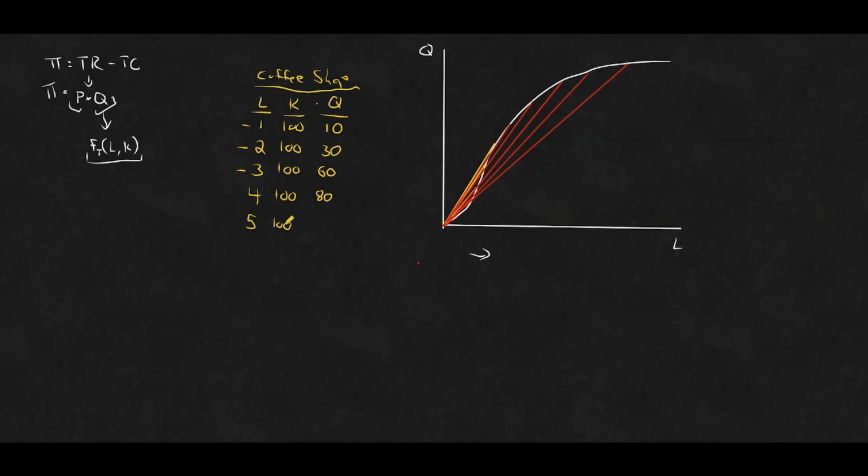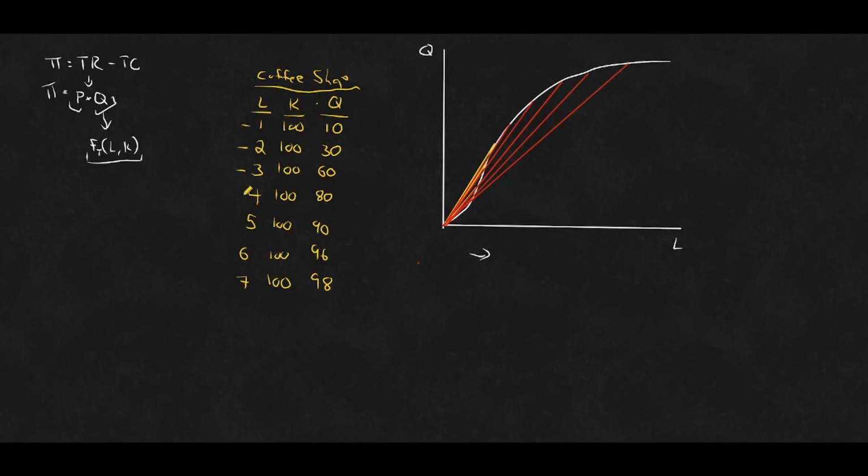We add our fifth, and let's say that our fifth worker brings us up to 90. We'll do our sixth worker, and we'll say that our sixth worker brings us up to something like 96. And then finally, we'll say we add our seventh worker, and let's say that our seventh worker is able to bring us up to 98.